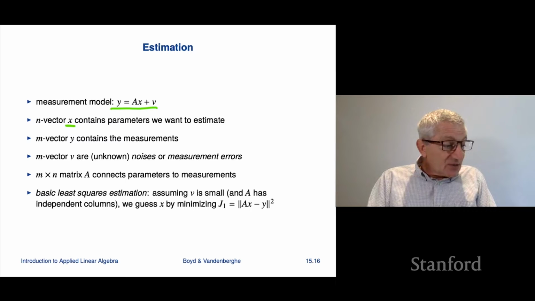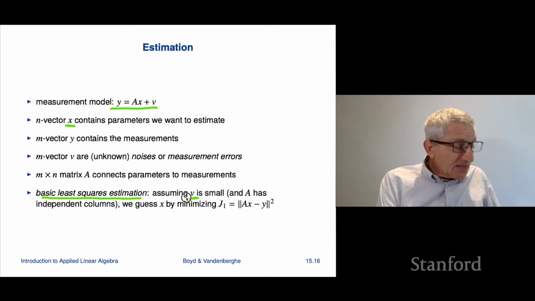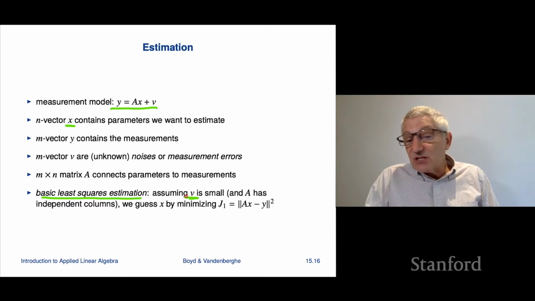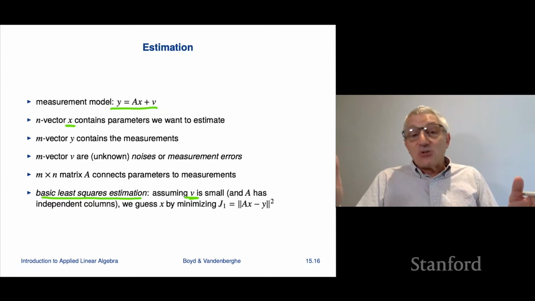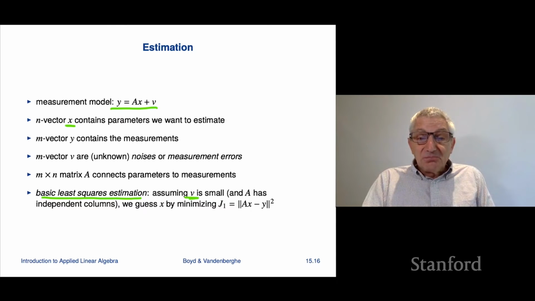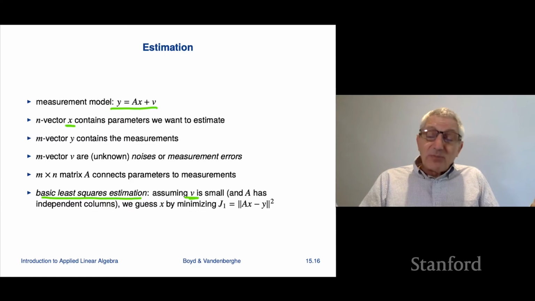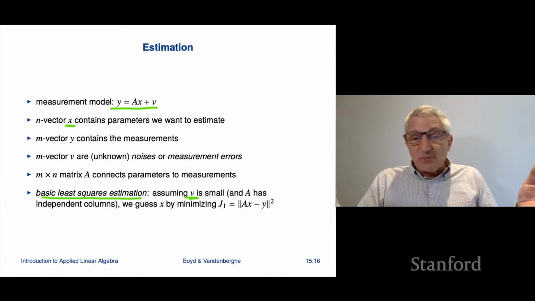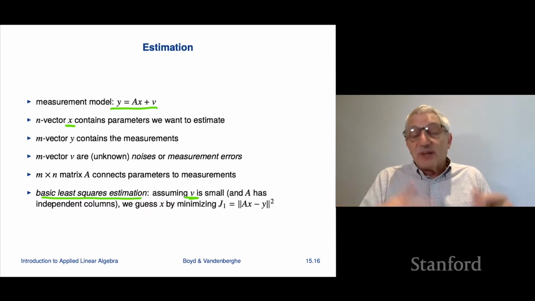So v is y minus Ax, and in basic least squares estimation, it goes like this. We will simply assume that this noise vector is small. So that's what it means. It's like I took these measurements. I took 250 measurements of temperature. I don't think any of these temperature measurements is exactly correct, but they're all probably within 0.1 degrees C or something like that. So this kind of fits the idea that the measurements are good, but they're not perfect by any means.